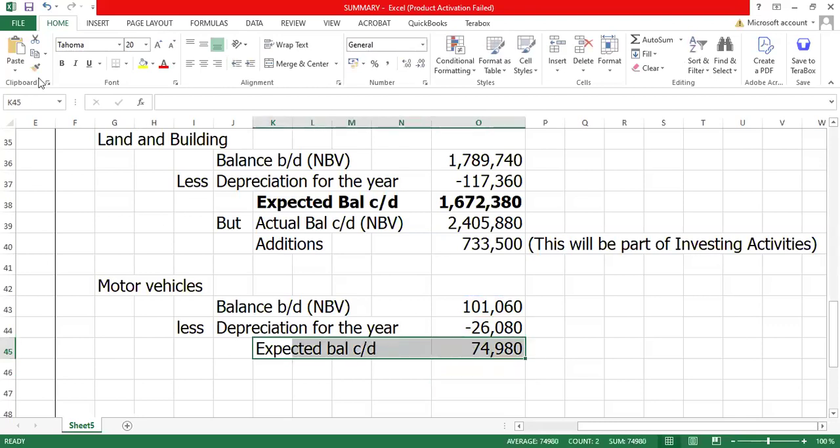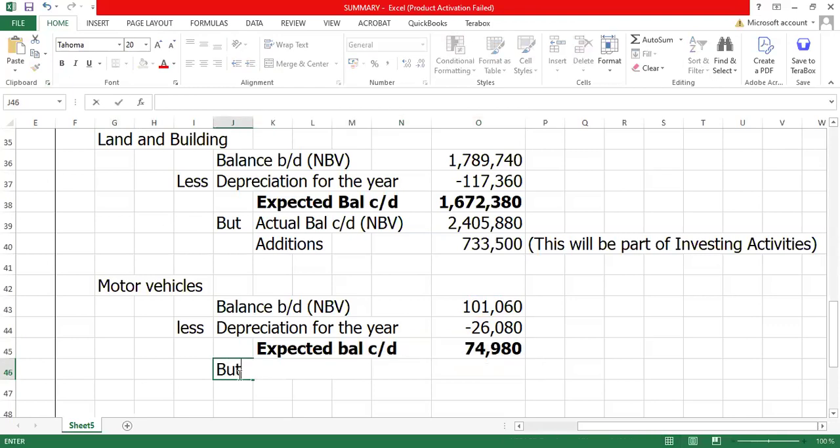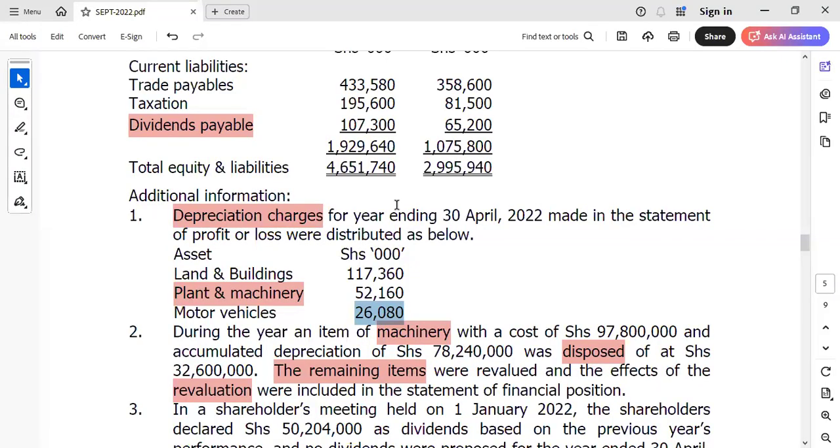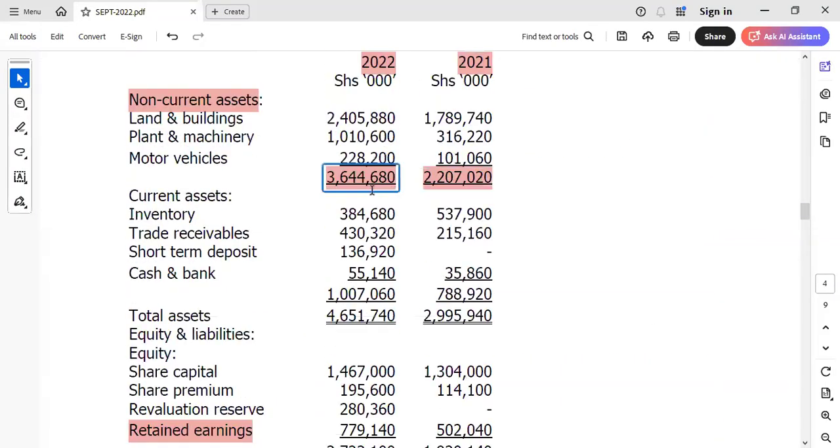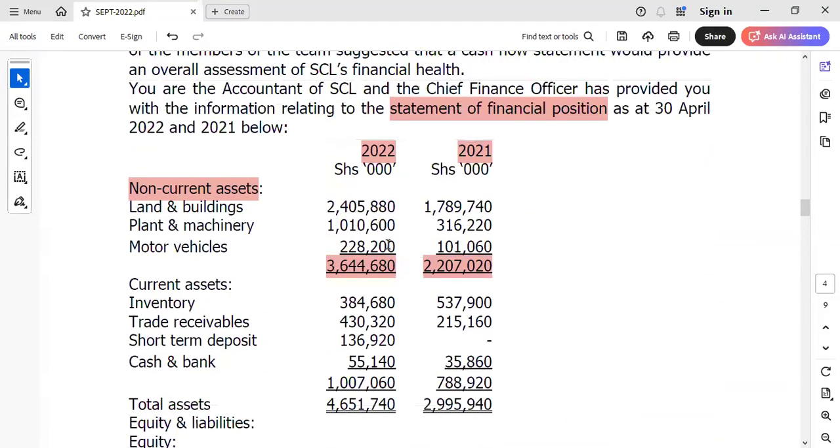What was the actual balance carried down? The actual from the balance sheet is this one.